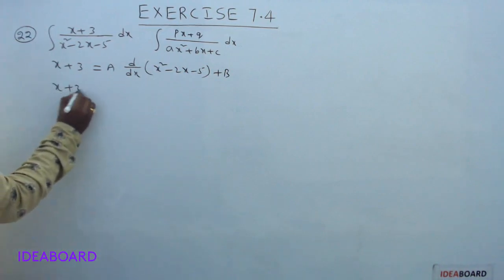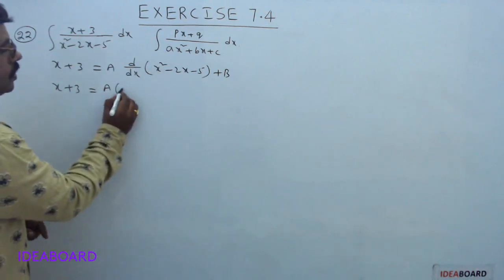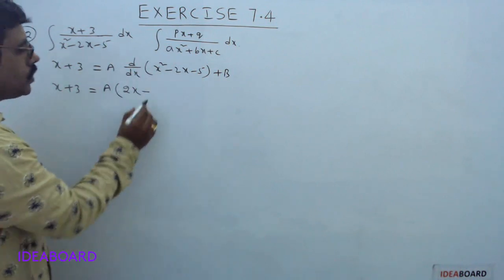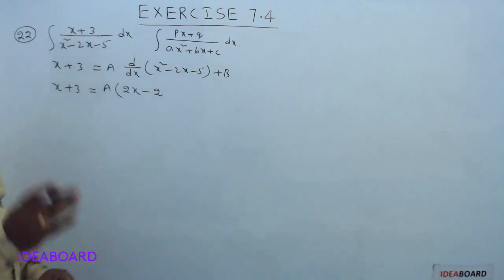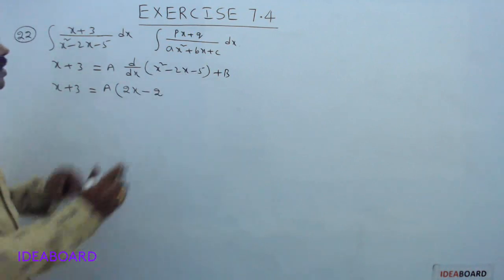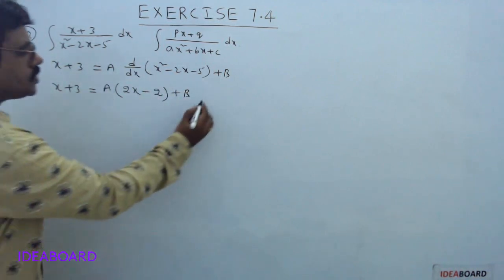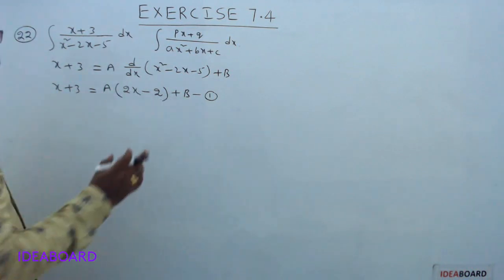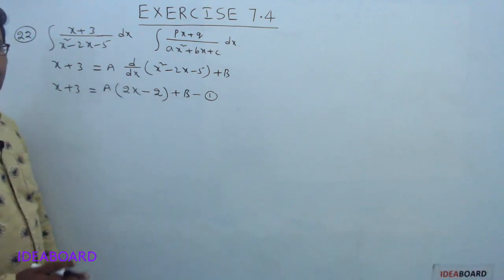Now it is x plus 3 equal to a into derivative of x square, derivative of x square is 2x, minus derivative of 2x is 2, 5 constant its derivative 0. So derivative of x square minus 2x minus 5 is 2x minus 2, plus b. Now call it as equation 1. Now here a and b are the unknown values. Now how to find out the values of a and b?